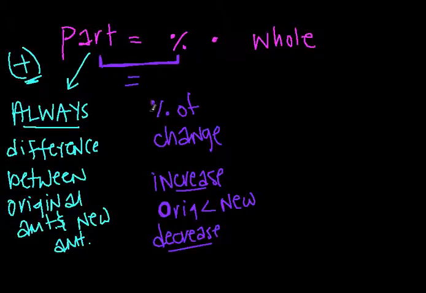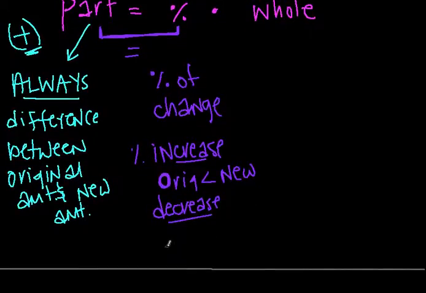So we would say the percent increase. Percent decrease is like when the new amount is less than the original amount. So that would be like if you had $10 in your bank account and then you spent $10 and you had zero left, then you started with more than you ended with, and so we're finding the percent decrease.